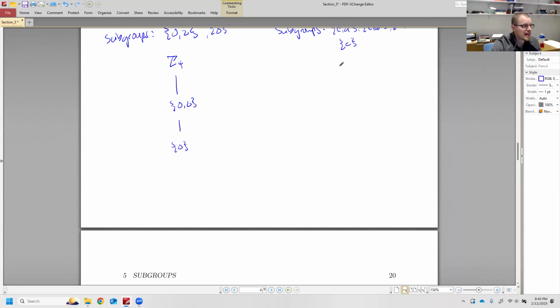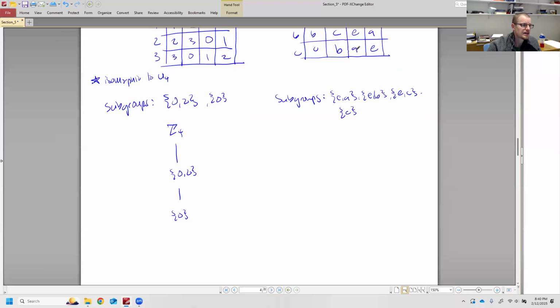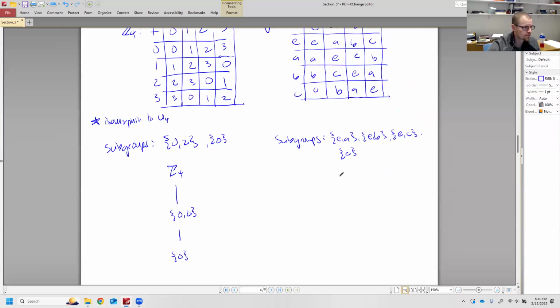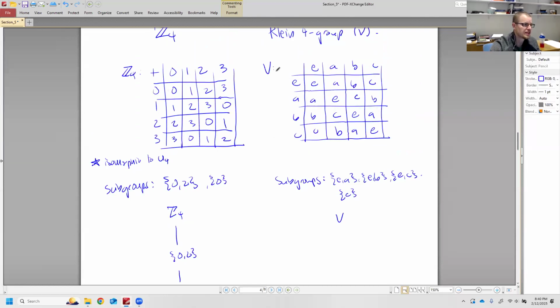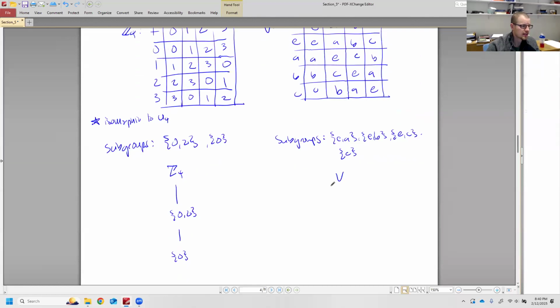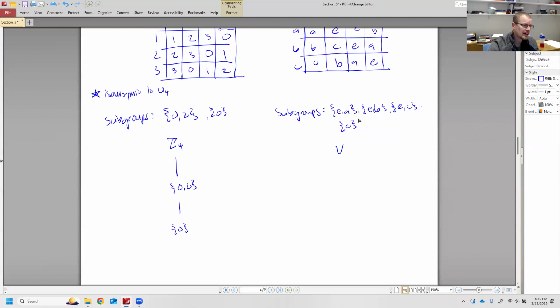Similarly, we can take the Klein four-group, which we're denoting as V, that was above here, so V, that's what we're talking about, the Klein four-group. Now, these are not subsets of one another, so I end up with these three separate subsets, which are subgroups: {E, A}, {E, B}, and {E, C}.